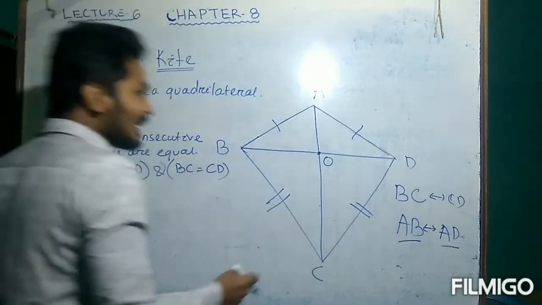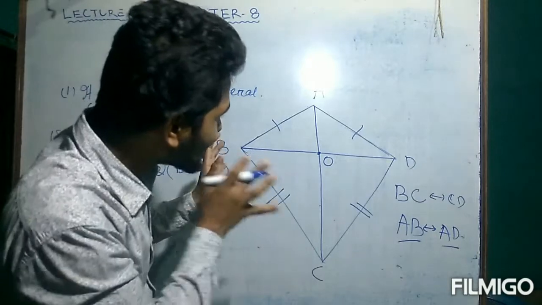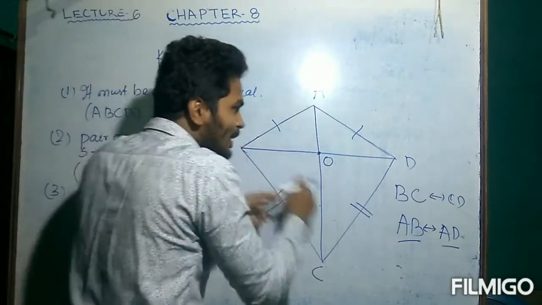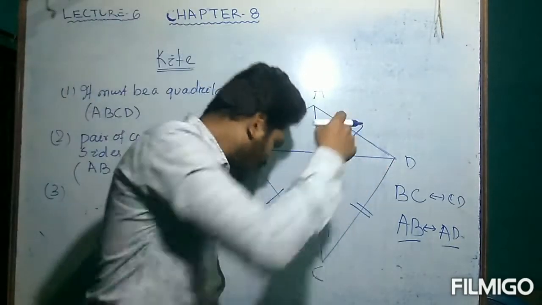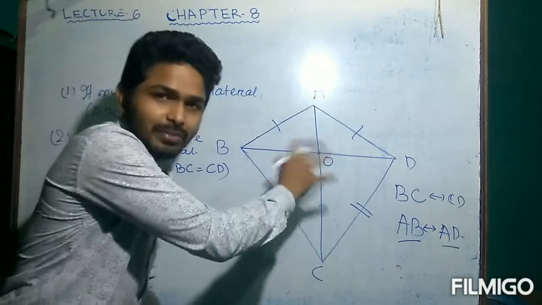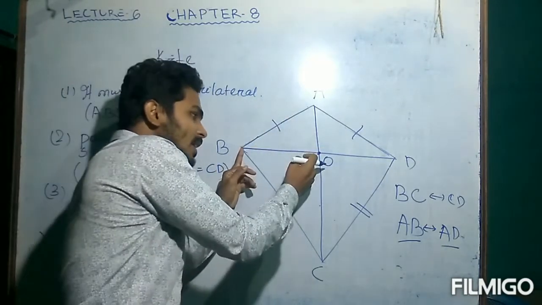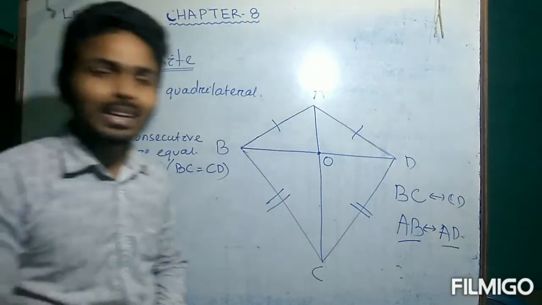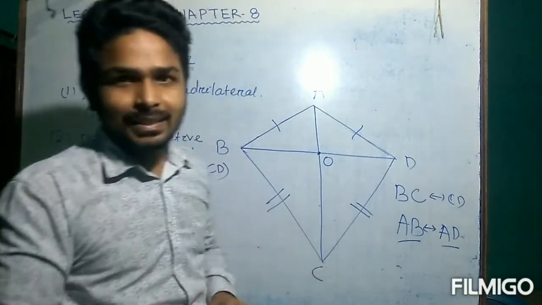Clear? Can we write OB is equal to OD? Though they look different, they seem to be quite equal. The length of OB is quite equal to the length of OD. Since I am drawing this by hand, there are some difficulties in showing the length, but in the actual case, the distance of OB and the distance of OD are equal. Then out of AC and BD, which diagonal is bisected?